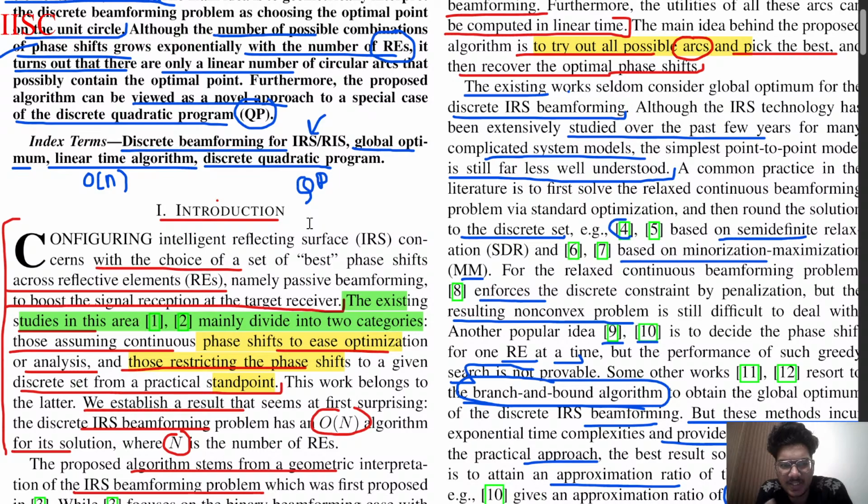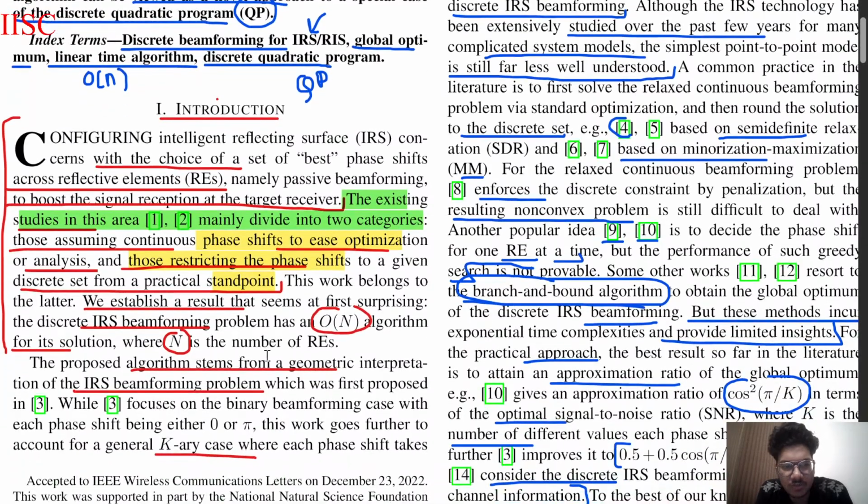The existing studies are divided into two: one with continuous phase optimization, and another with restricted phase shifts. And we established the result in terms of the order of an algorithm. The proposed algorithm is in geometrical form, a geometrical interpretation.